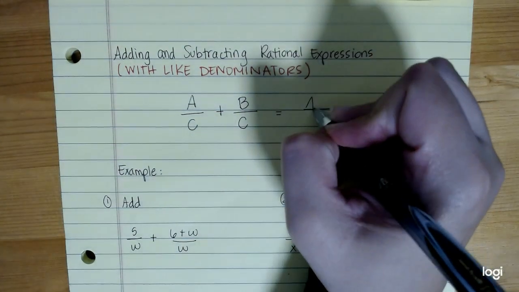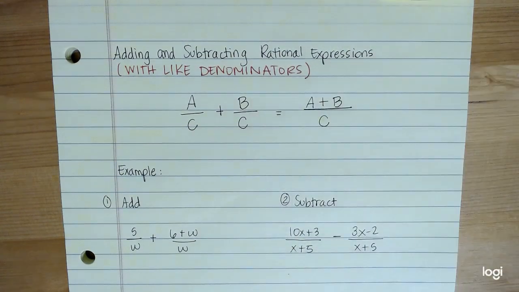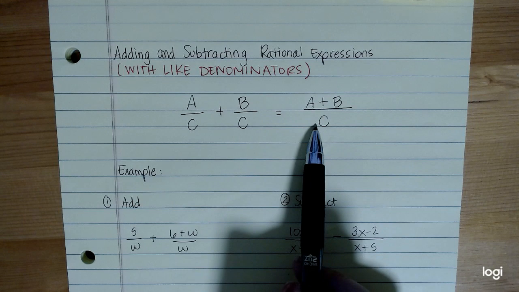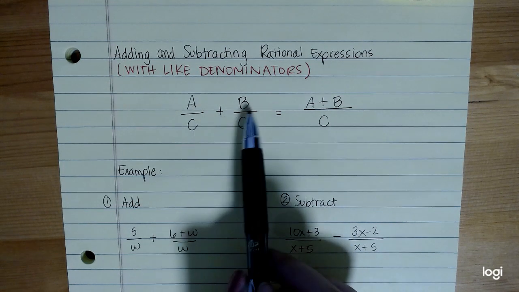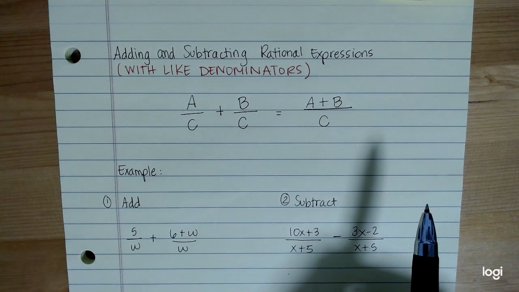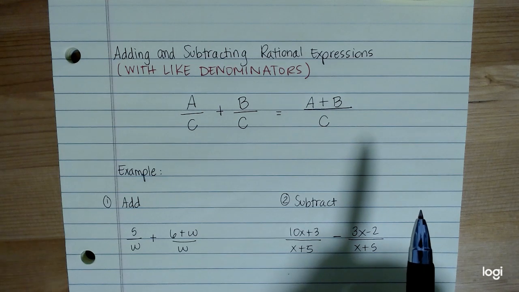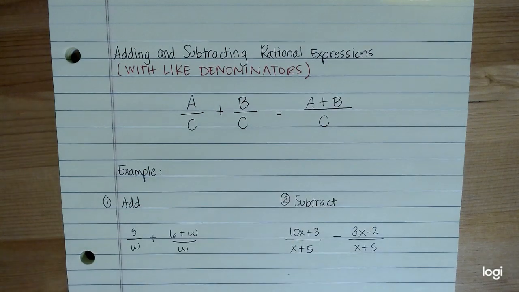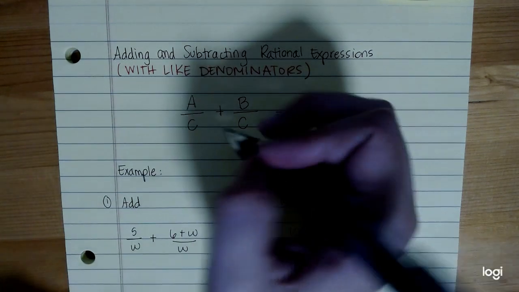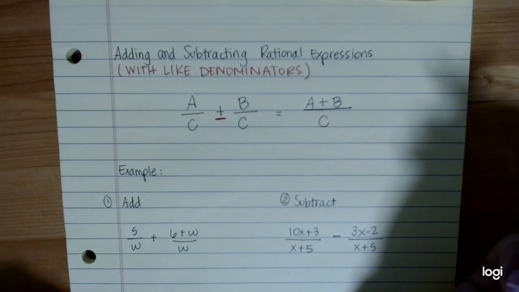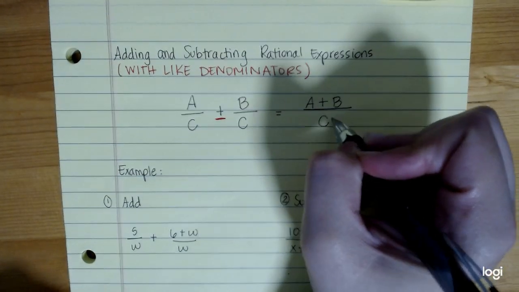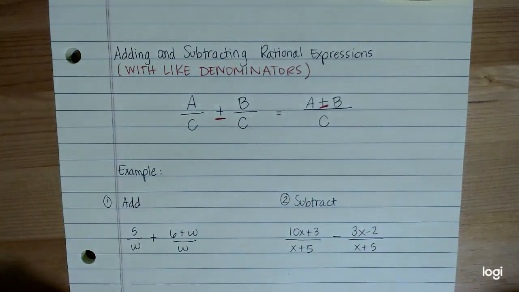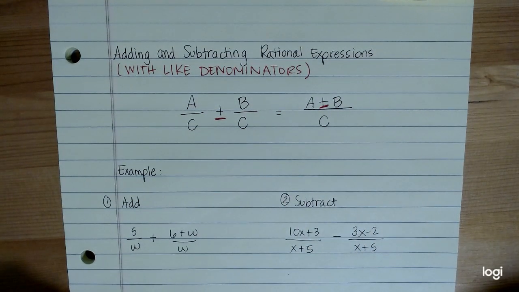And then the numerator will simply be the sum a plus b. So we keep that like denominator, and then we simply add the numerators. If we were subtracting, same thing, we keep that denominator, but we would be subtracting the numerators instead.